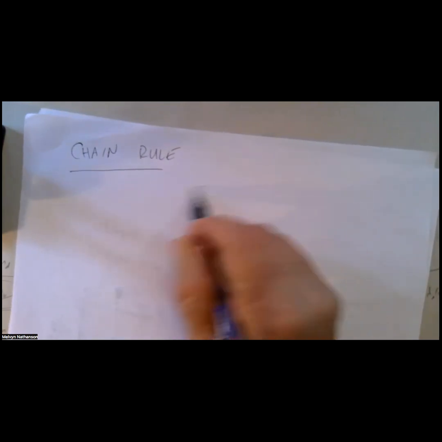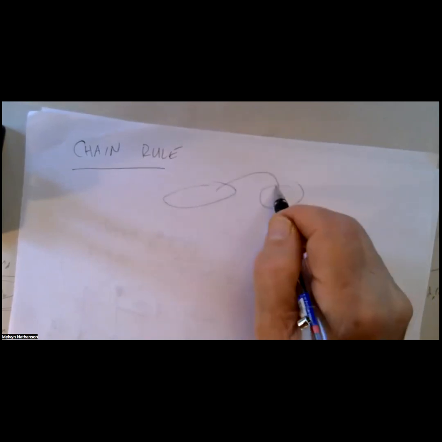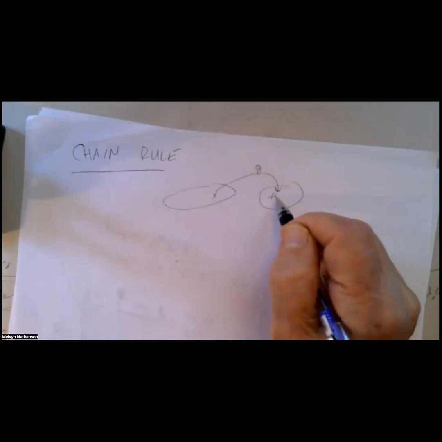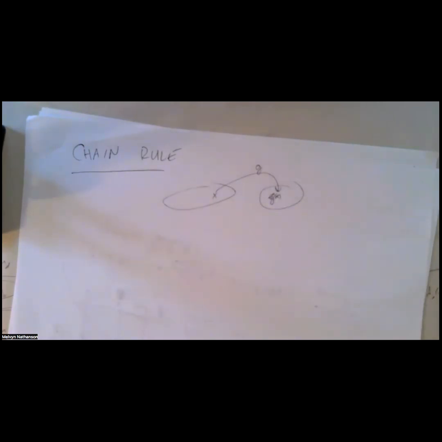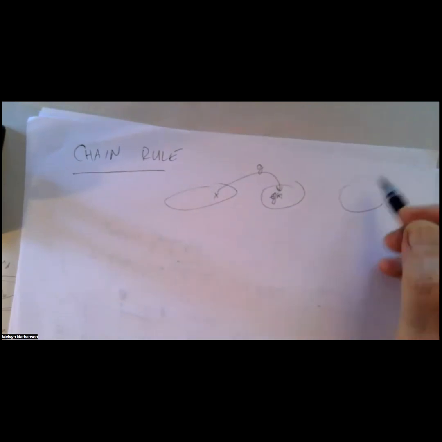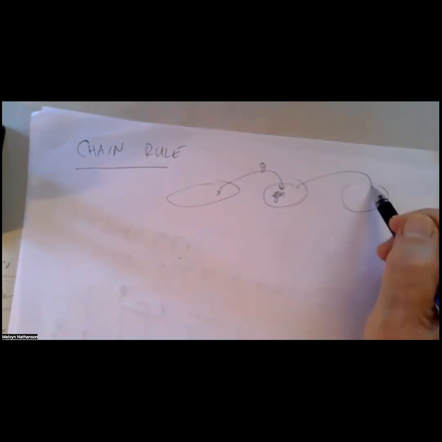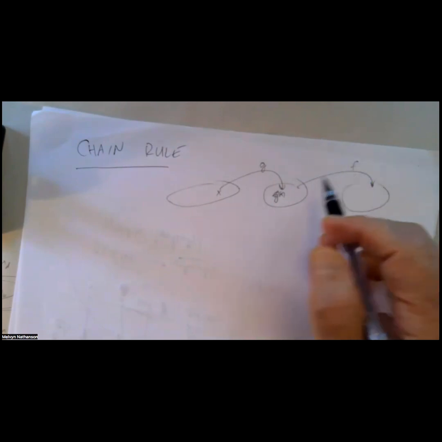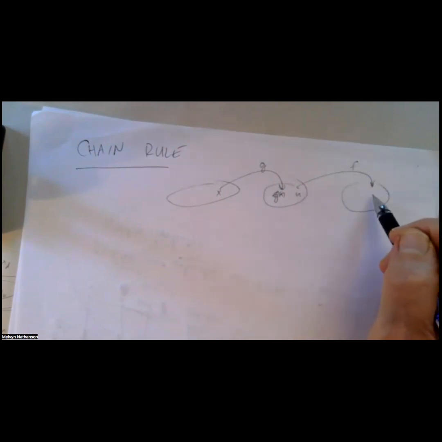Suppose you have some function g, which takes a number x to the number g of x. And suppose you have another function f, which takes a number, let's say u, to the number f of u.